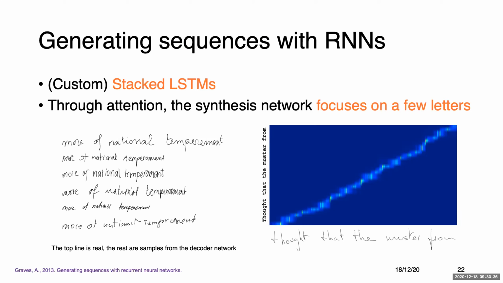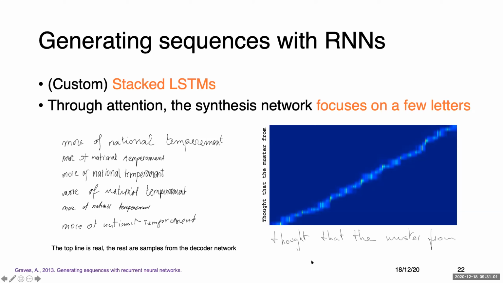Graves used the attention mechanism, and you can see that it's working pretty well because on the left, only the top line is real, and all the other samples are generated by the synthesis network, the decoder, which makes use of attention.